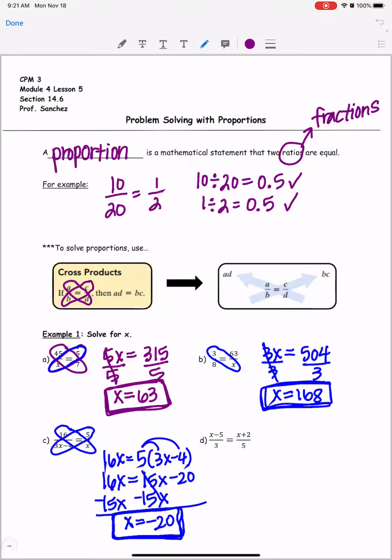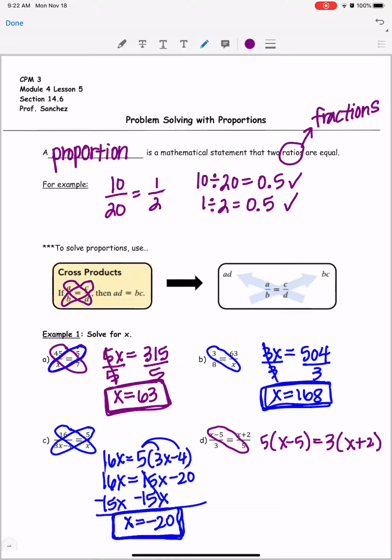And same thing here on D. Doesn't matter which way you cross multiply first. I'm going to go this way here. So again, distributive property. That is 5 times x minus 5 equals, when I cross multiply the other way, 3 times x plus 2.